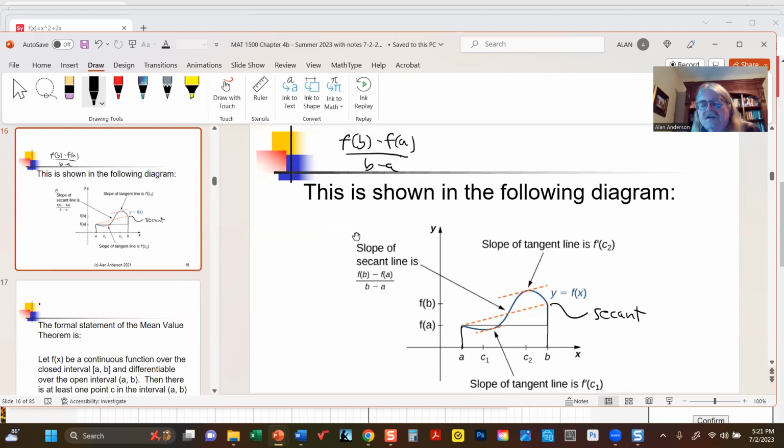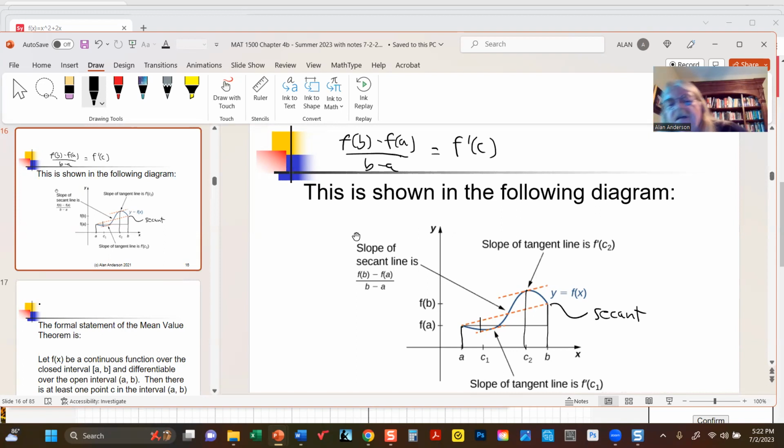Whatever point the tangent line touches, we're going to call that point C. Here's C1 and C2. These must be equal to each other then. In other words, that's the consequence of having the same slopes. The slope of the secant line on the left is equal to the slope of the tangent line on the right. Now, you notice that this is not necessarily a critical point. The slope of the tangent line isn't necessarily zero.